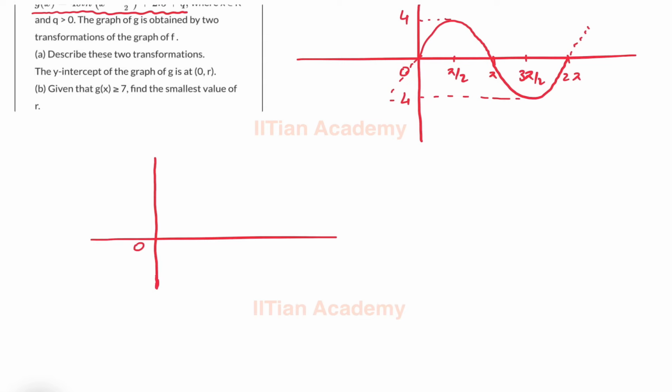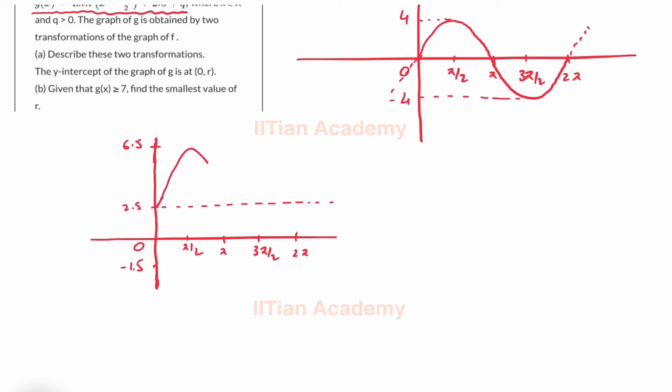This is 0, and the whole graph shifts upward by 2.5. This will be -1.5, and as it goes up this will be 6.5, and in between somewhere 2.5. So this is the 2.5, and these are pi by 2, pi, 3 pi by 2, and 2 pi.